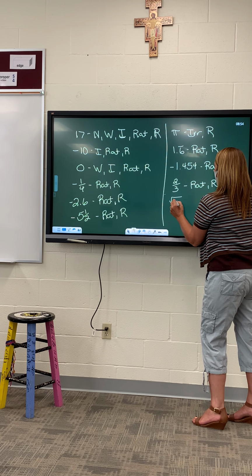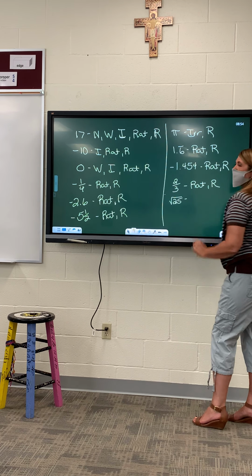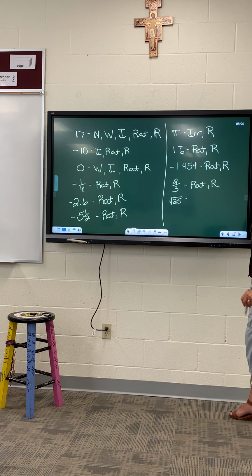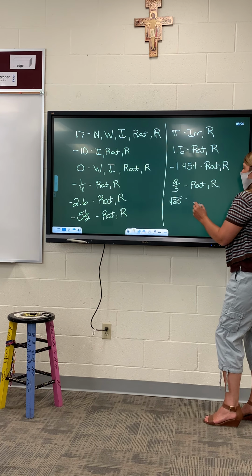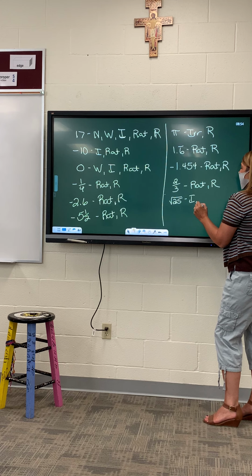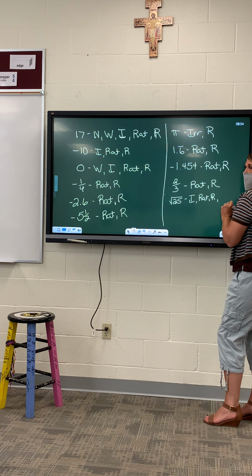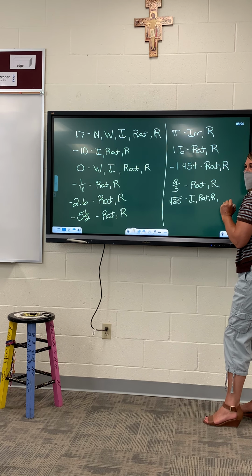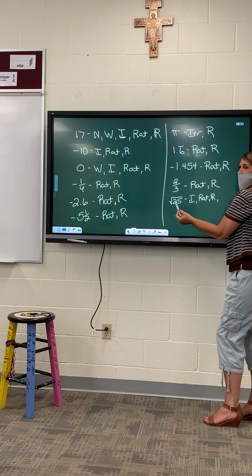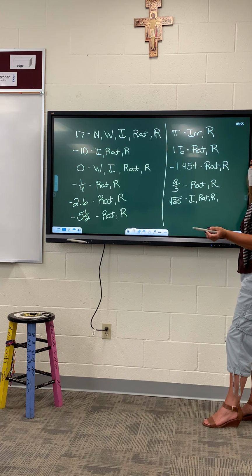square root of 25. Rational, real. And, because what is that equal to? 5. So you're really classifying the number 5.